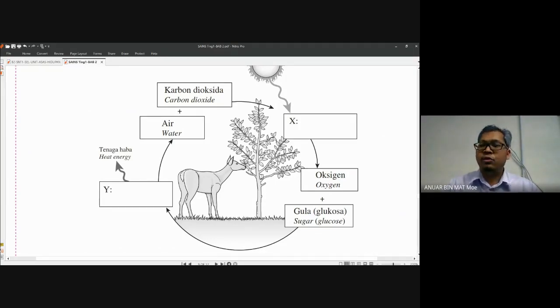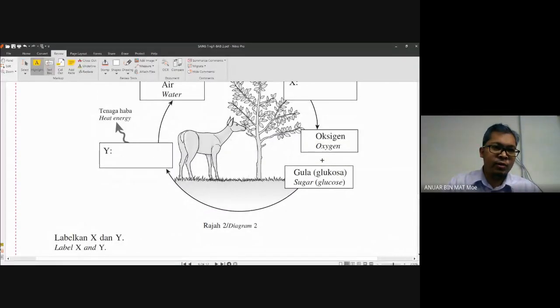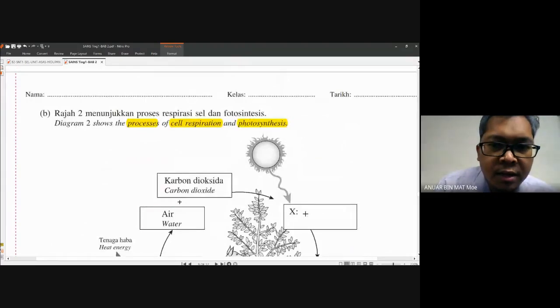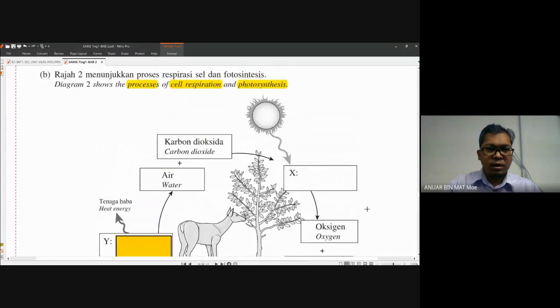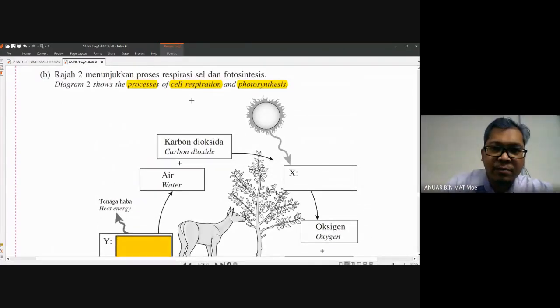So you go to the question, label X and Y. Very easy, this one. What is Y?